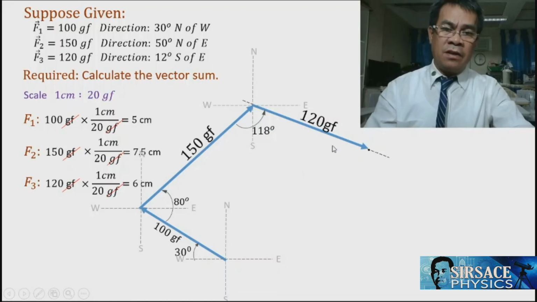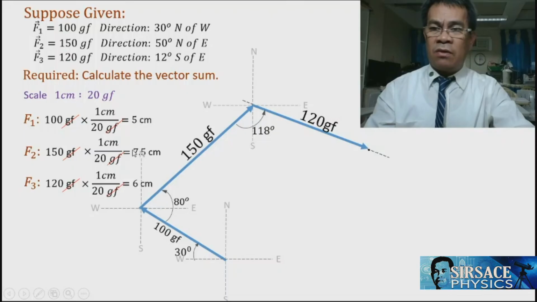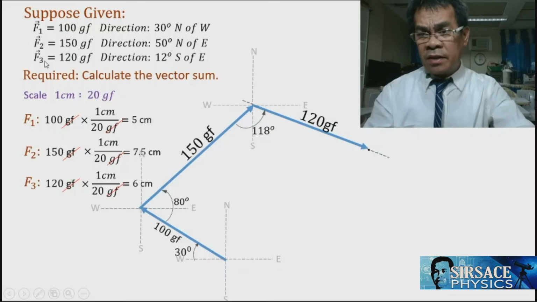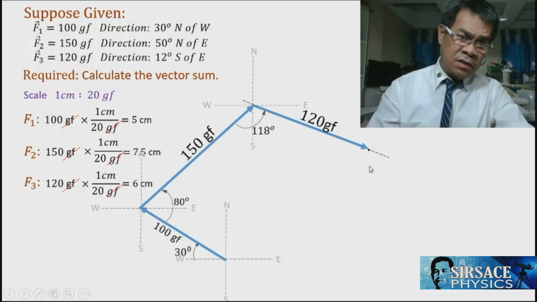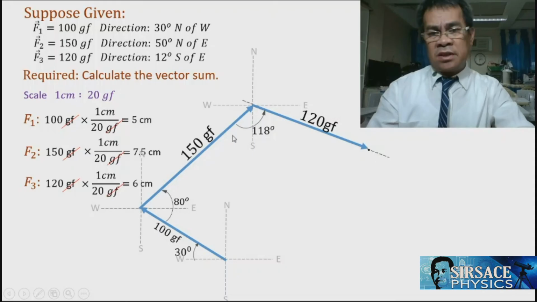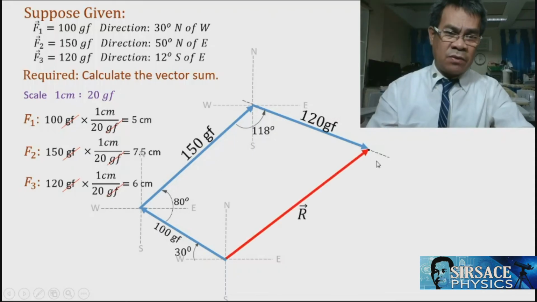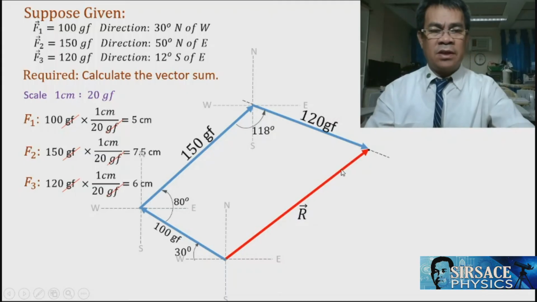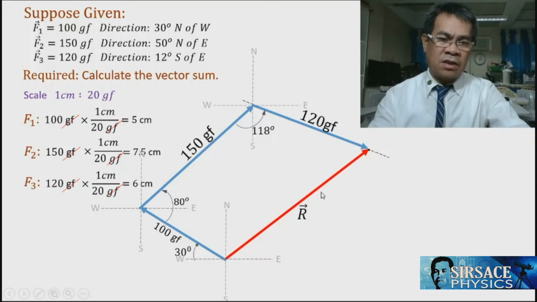So therefore, since we have already constructed all forces, if there are other forces, then connect again anywhere. Just follow the direction. Since we have only 3, this will serve as our endpoint, and connect from start towards the end. And that will be our resultant magnitude.